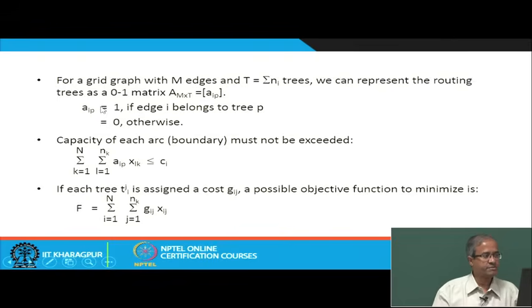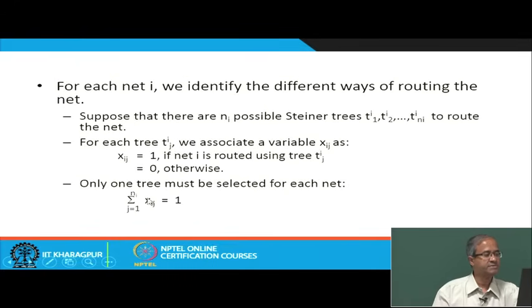the entries of this matrix to 1, okay, and each boundary arc will have a capacity C I. You ensure that the usage does not exceed C I. What I am doing is A I P multiplied by x, where x, you recall, is the matrix that tells which net you are using.